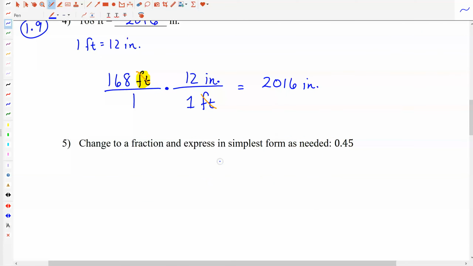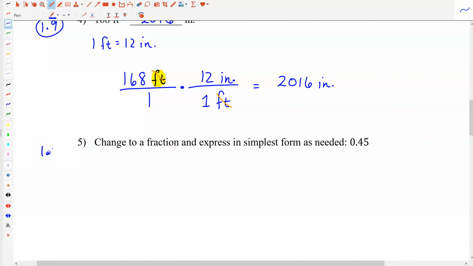All right, change the decimal 0.45 to a fraction and express that fraction in simplest form as needed. A review for that would be in 1.10 if you wanted to look at some additional problems or do some additional reading on that.